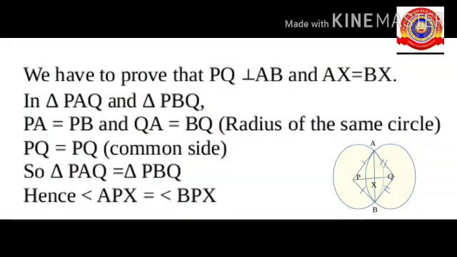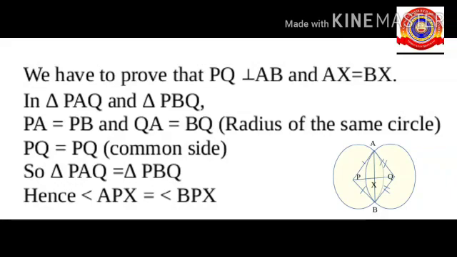Let's start. In triangles PAQ and PBQ, PA is equal to PB and QA is equal to QB because they are radii of the same circle, as well as PQ is equal to PQ because it is a common side. So triangle PAQ is congruent to triangle PBQ, right?